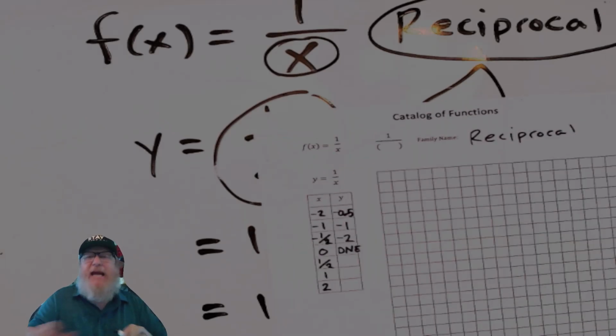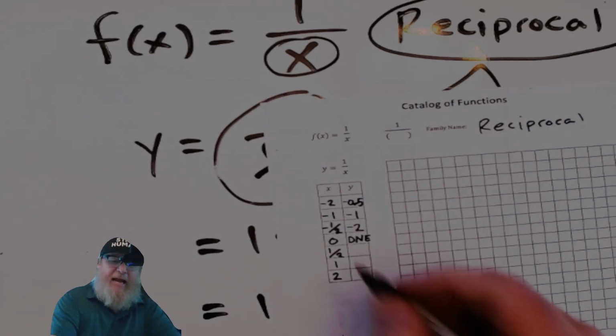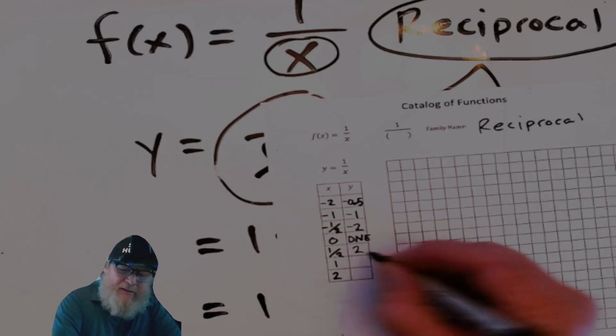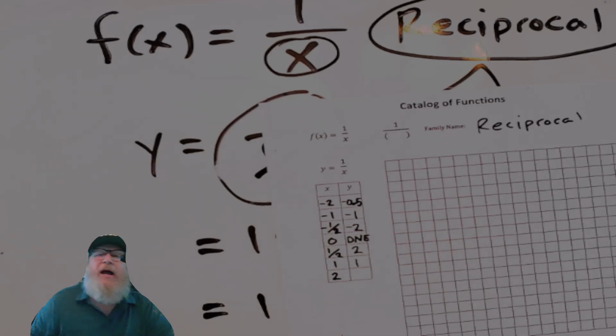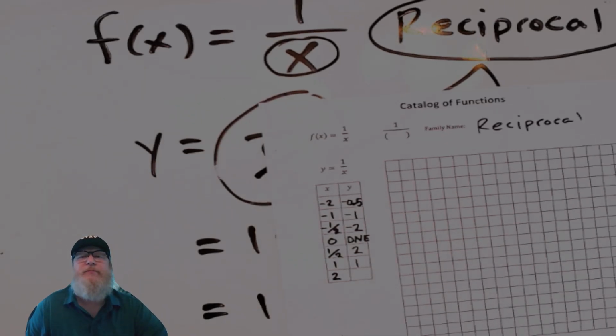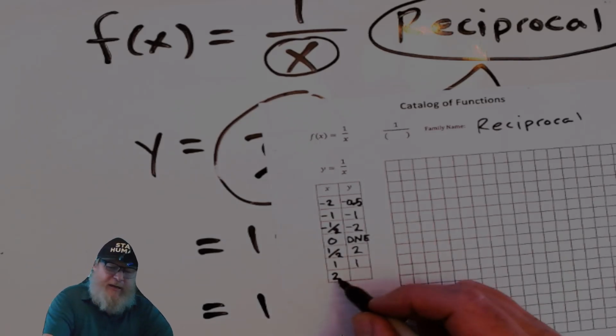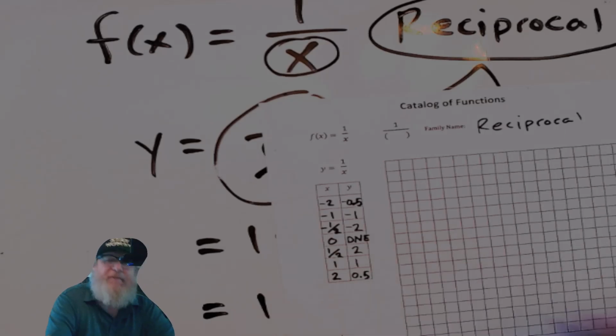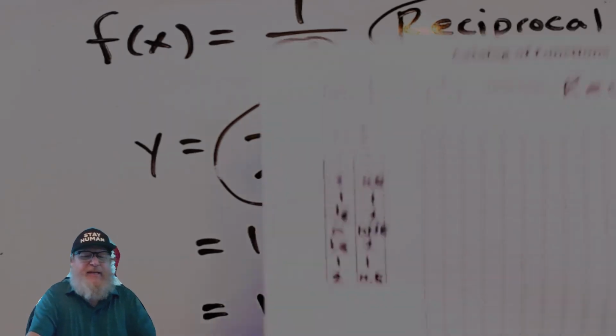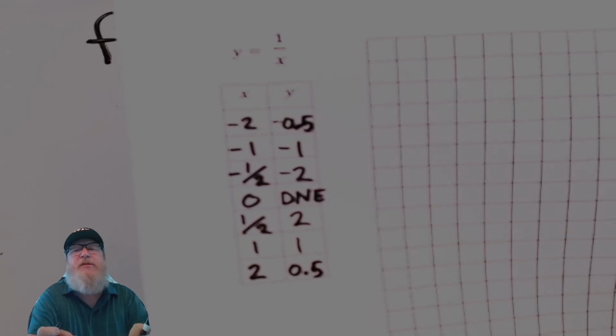And so in my table, when x is 1/2, y is 2. When x is 1, y is 1. And when x is 2, y is 1/2, or I'm indicating 1/2 with a decimal, 0.5.